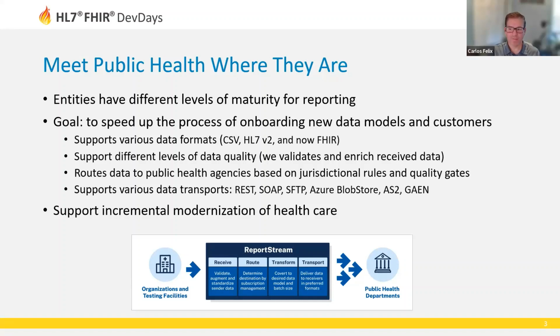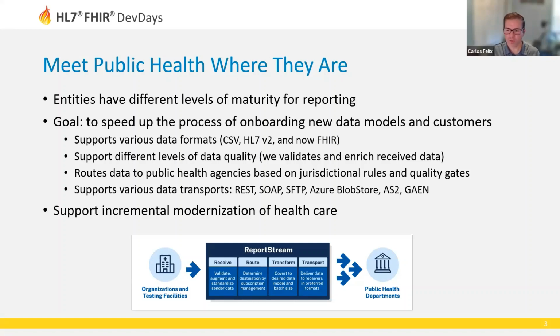However, you may have a doctor's office that also needs to be doing reporting, but all they can do is maybe have an Excel sheet and report it that way. So there's a big difference between entities on how they can report and what they can do, and the effort that they can put into the reporting process.